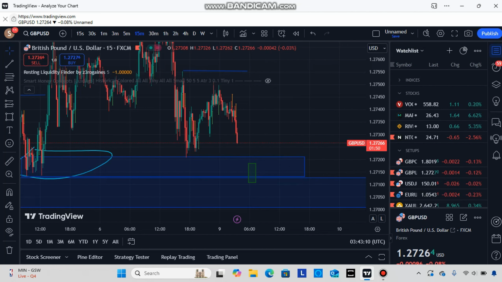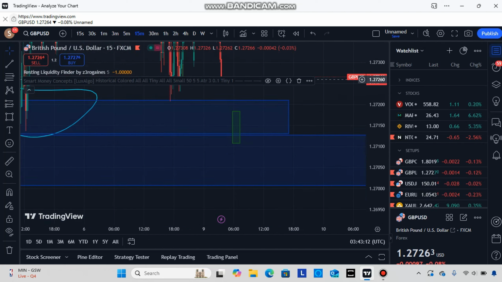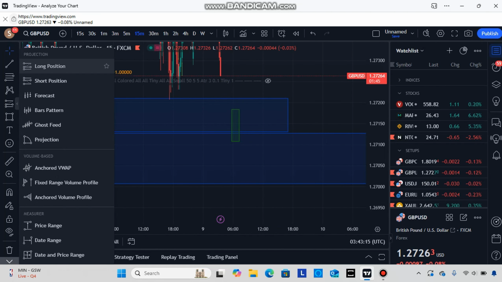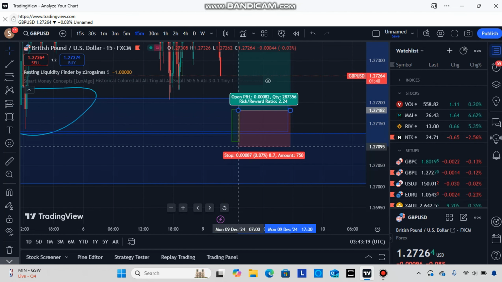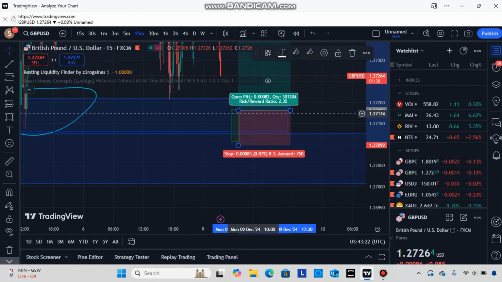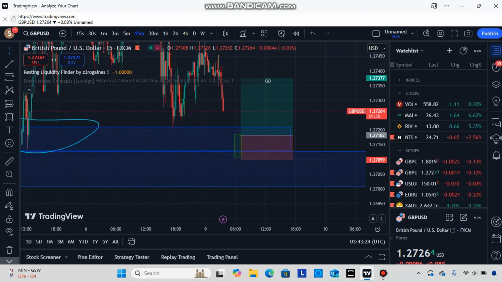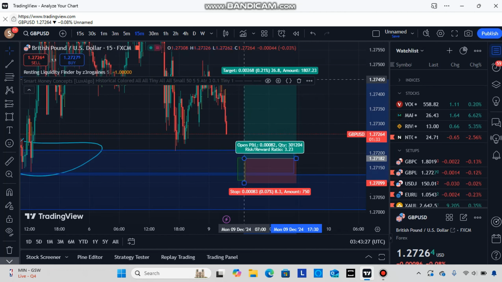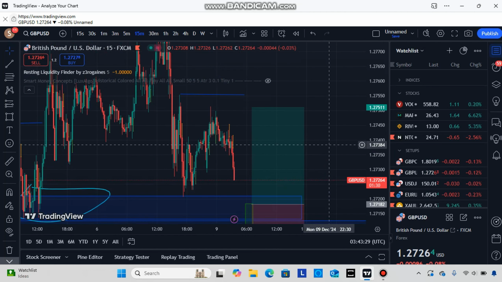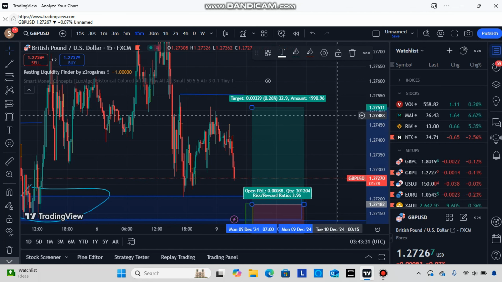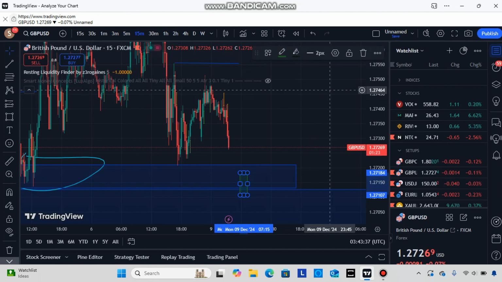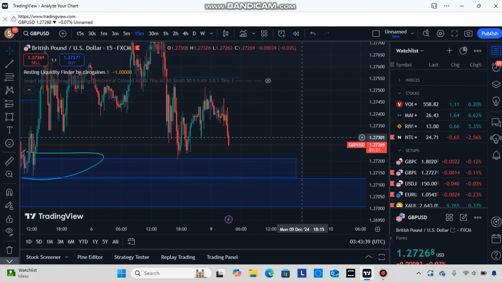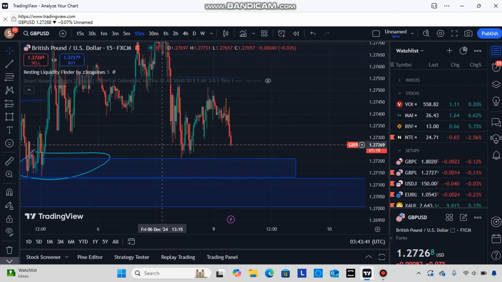What I would do is enter on the close, or a couple pips below my candle, and I'll buy, targeting liquidity at the top. That's how I would enter. So yeah, I would be looking for sells or to buy at the 30-minute.